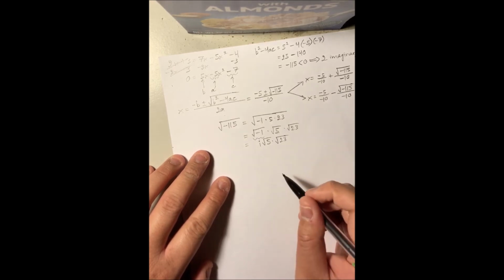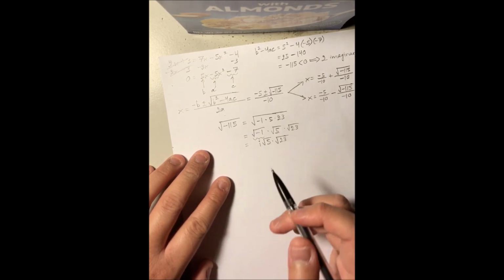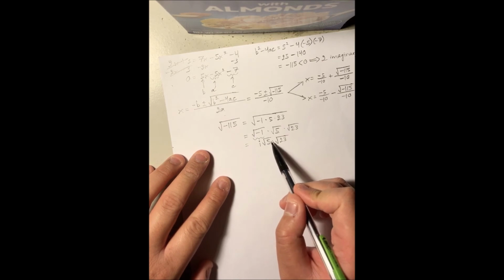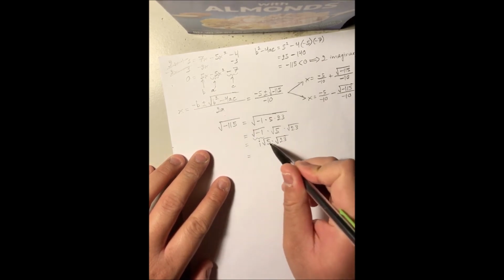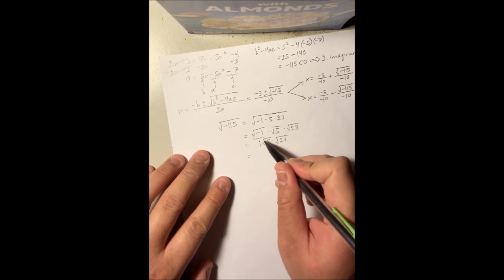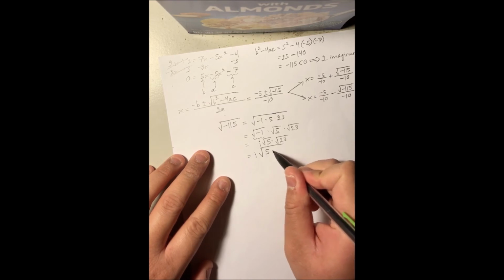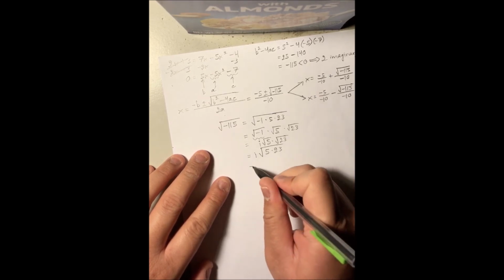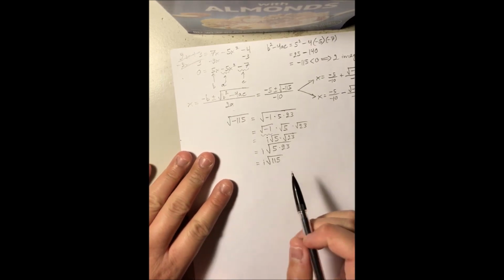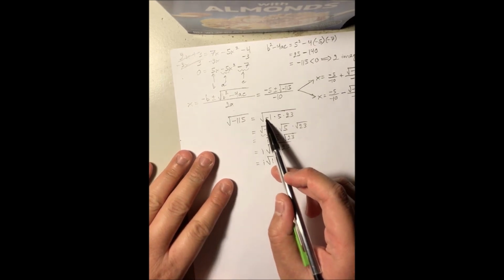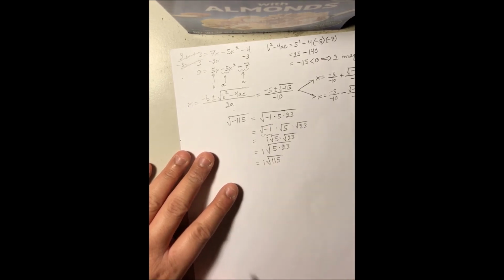I know that I'm taking a little extra step here, but I just want to be careful. We have the square root of 5 multiplied by the square root of 23, so use the law of exponents again and combine the product of these two square roots under one common square root, which is the square root of 115. I could have just written -1 times positive 115, but it's my old habit.